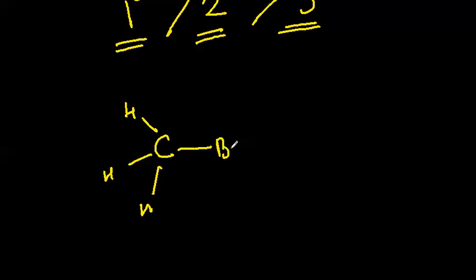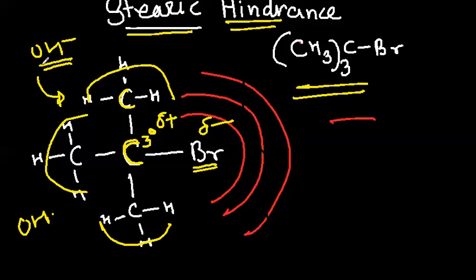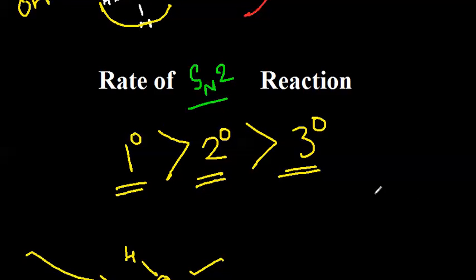For a bulkier group, it was difficult, but here the attacking reagent can easily approach this carbon. It's very easy here. And it's like running in woods here for this nucleophile. It's very difficult to approach in the tertiary case. That's why for primary, the rate is maximum, then for secondary, and least for tertiary.